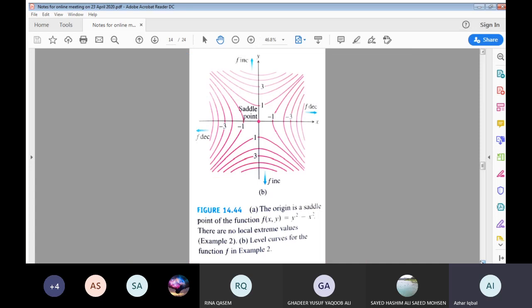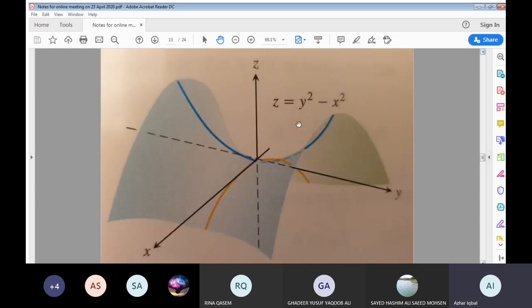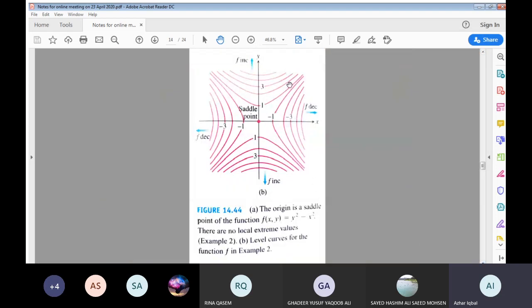This is figure 14.44 in your textbook, and this is again the same surface which we just looked at, y squared minus x squared, but here these red lines are the level curves. For instance, this is 3 here, it means the value of the function is 3.